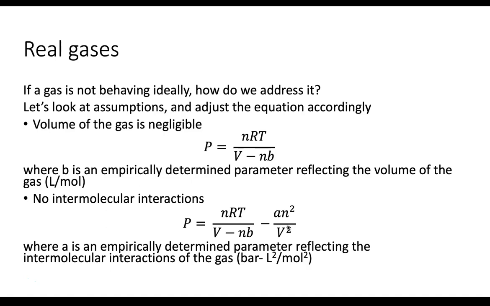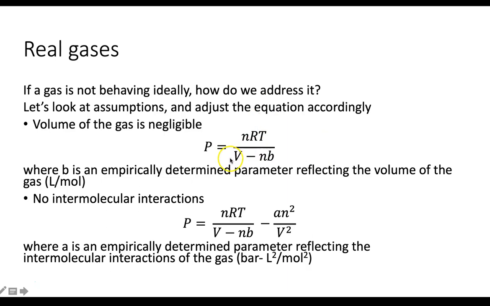So the first thing you can do in order to develop a real gas equation is look at the assumptions behind the ideal gas equation. We had a couple of them that we knew were a little bit dubious. The first one is this idea that the volume of the gas is negligible. If the volume of the gas is actually important, then it's going to shrink the overall volume or free space that the gas can move around in.